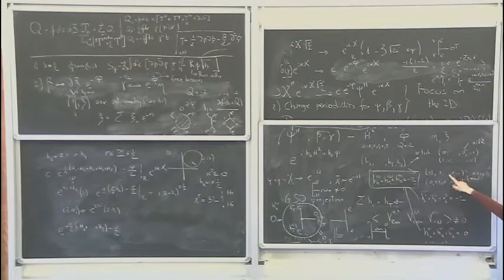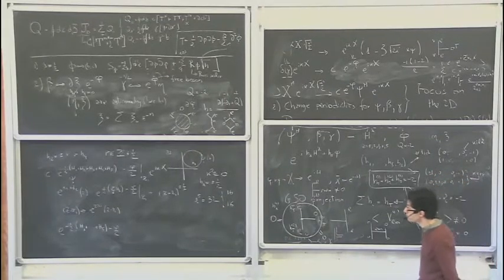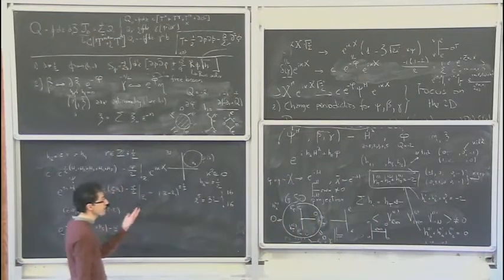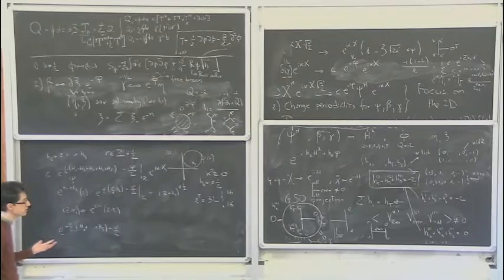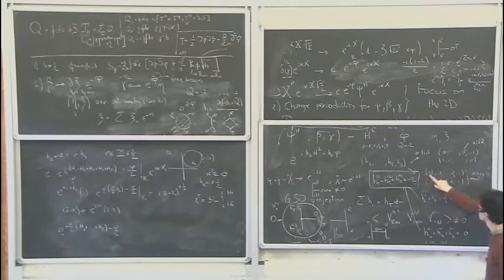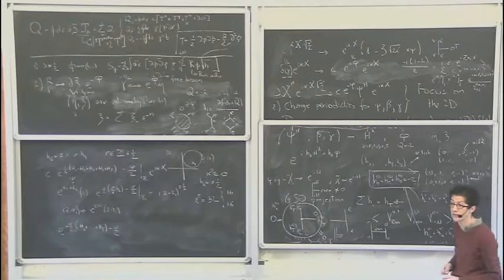So if you try and give a space-time interpretation of these 32 states, right? Here we had 8 physical states, d minus 2 physical states, and we interpreted all of them as forming a space-time vector, right? The d minus 2 polarizations of a massless vector.